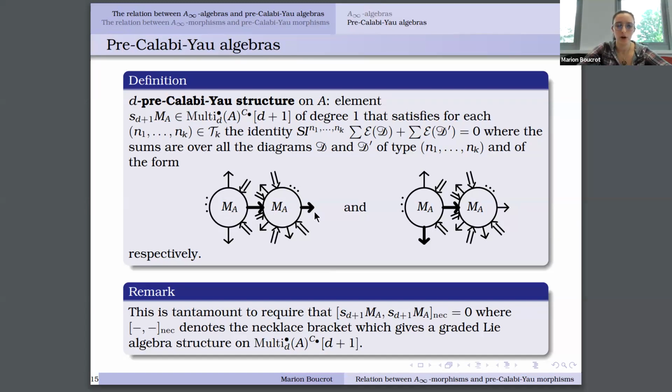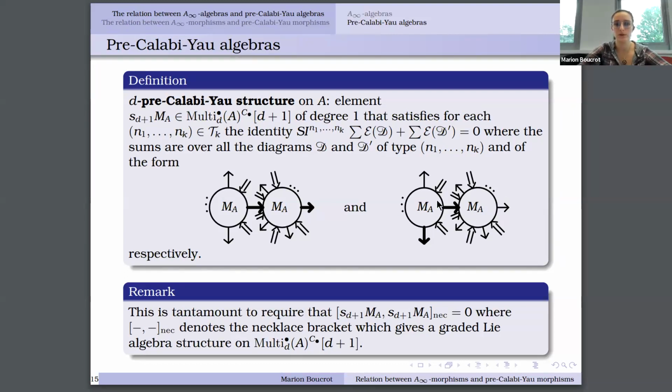Here we have 2 ways of composing the pre-Calabi-Yau structures. Here we have shifted an output of MA and an output of this one, and we make this composition as defined by the composition of disks. And here we have shifted the output of this one and shifted an input of this one in order to compose the 2.